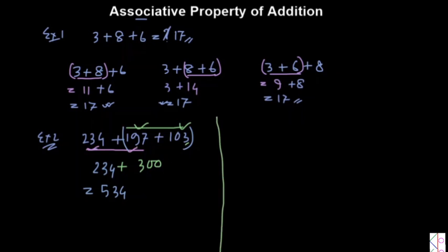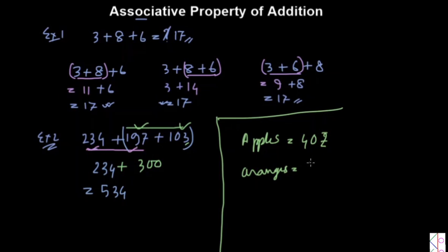Now let us take a real life example. Suppose you are going to market to buy fruits. Apples, you have purchased apples for 40 rupees. Now you ask the shopkeeper for oranges, 36 rupees, suppose.